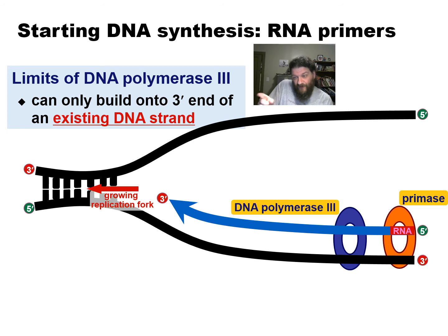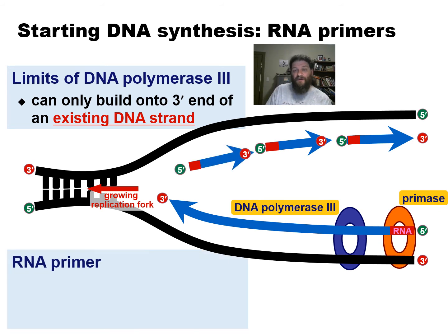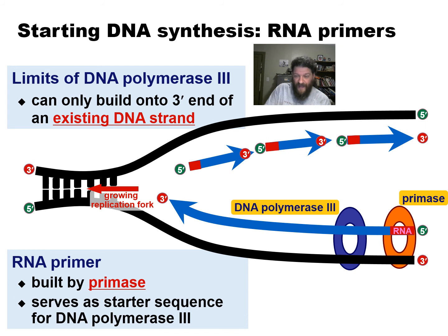And that's going to give something for DNA polymerase to add onto to start building that. That, of course, means that each one of the Okazaki fragments starts with a little RNA primer piece. And when it comes time to bind those together, we're going to run into a little bit of a problem. It's the enzyme primase that builds that starter sequence for the DNA polymerase 3.